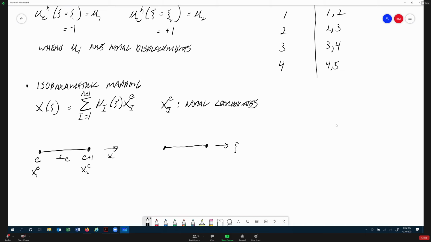Here, we're going to call this 1, and this 2, and this is ξ equals minus 1. This is ξ1, and we have ξ2 is equal to plus 1.